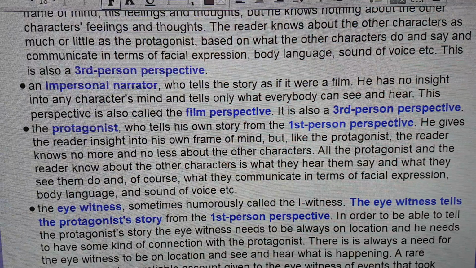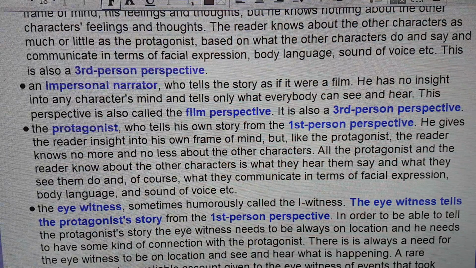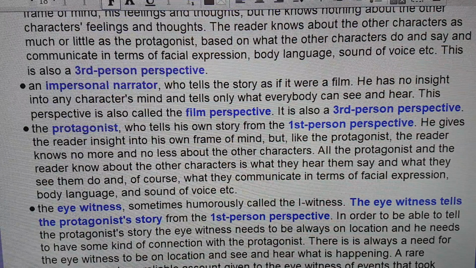Because if he isn't, he can't observe, he can't be observing actually, and his narrative wouldn't be authentic. So he needs to be on location. There are very few exceptions to this rule.